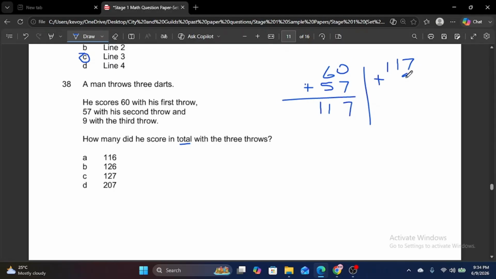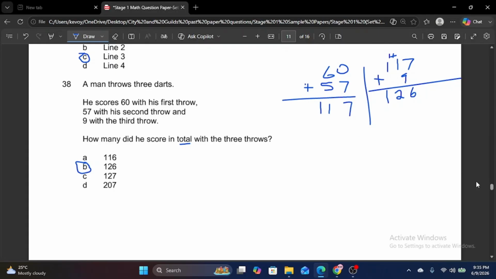So 117 plus 9. 9 plus 7 is 16, and I carry over the 1 and add it. So 1 plus 1 is 2, and I have 1 remaining. So that's going to be 126.